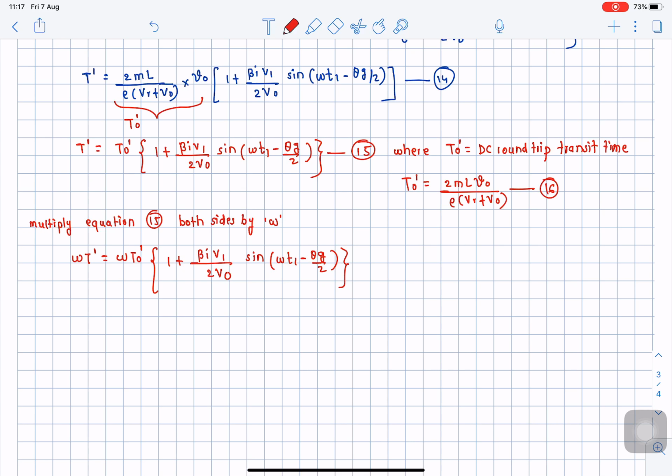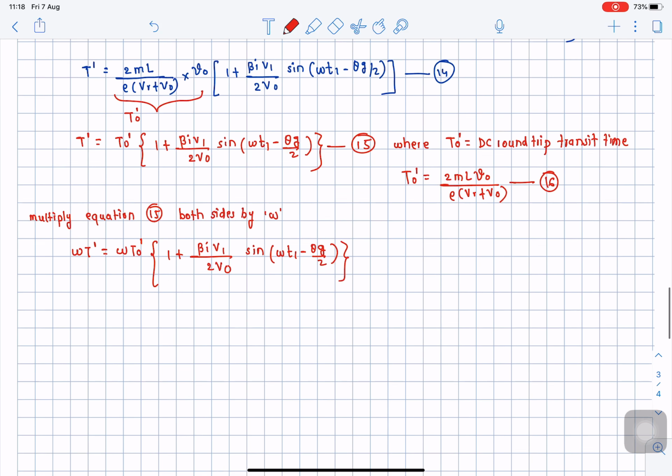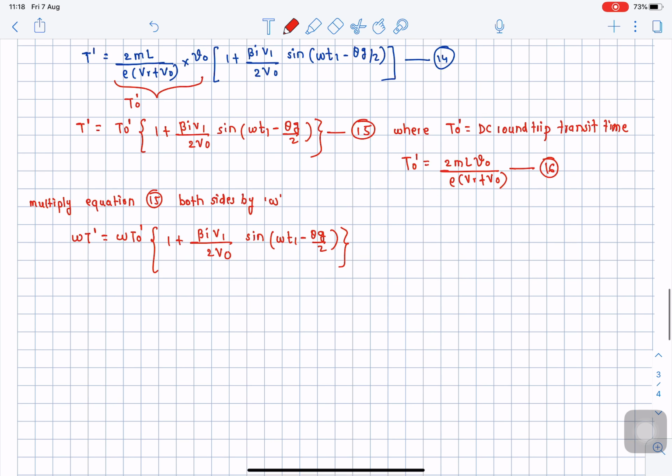Here omega t dash can also be expressed as omega into t2 minus t1. So omega t dash can be written as theta 0 dash plus x dash sine of omega t1 minus theta g divided by 2.